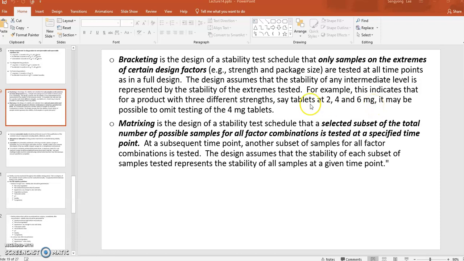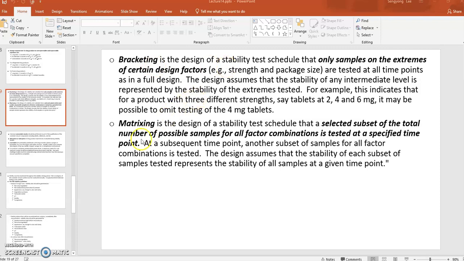Then instead of testing all, you can choose the minimum quantity, which is 2 milligram, and the maximum quantity of 6 milligram, and do the testing for your stability. If the testing comes out to be okay for both, you can automatically assume that the intermediate condition, which is 4 milligrams, should be okay. So that's the bracketing testing method.